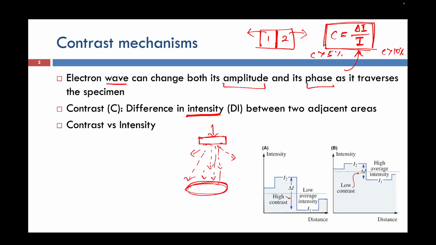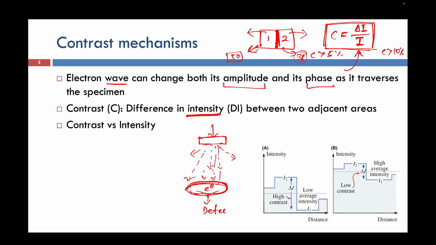If in region 1 I am getting, let's say, 50 electrons collected by my detector, and in region 2 my detector collects 38 electrons, then I can see that the intensity is varying, and since the intensity is varying, I will be able to get a contrast in my material.